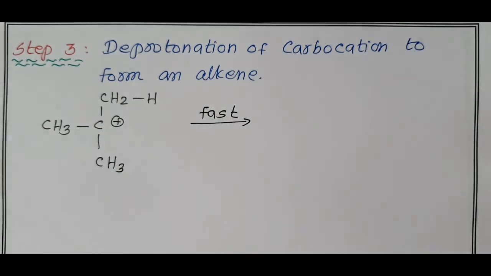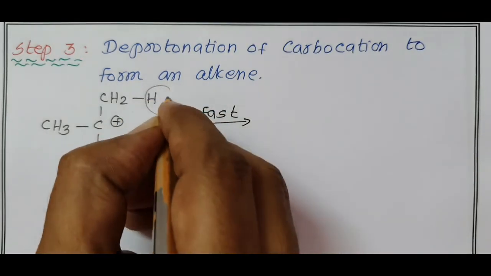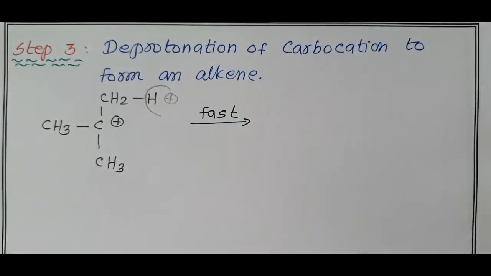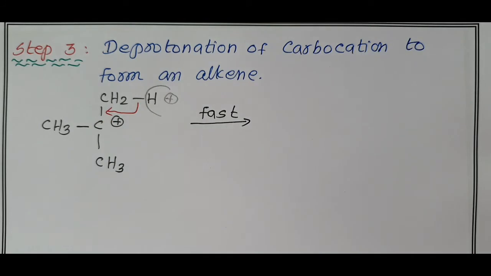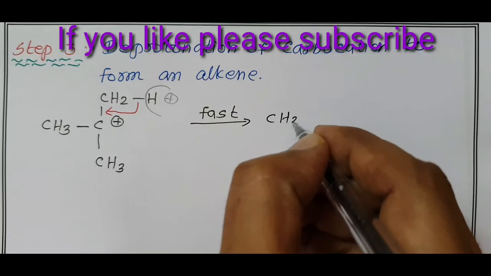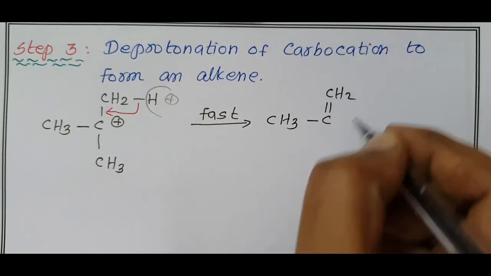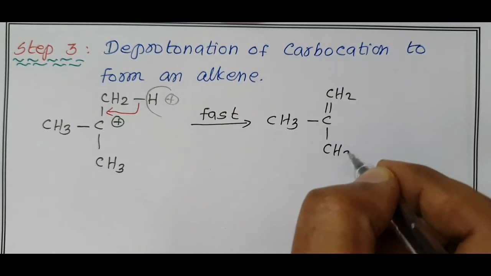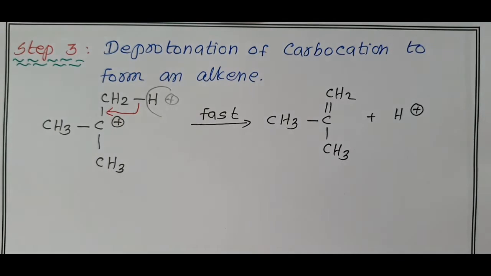Step 2 is the rate determining step. Now, one H is removed as H plus. The acid you added in the first step is removed in the last step. This bond is now shifted between these two carbon atoms, giving an alkene, CH3, single bond, C, double bond CH2. Here you have one CH3. That hydrogen is removed as an H plus ion.